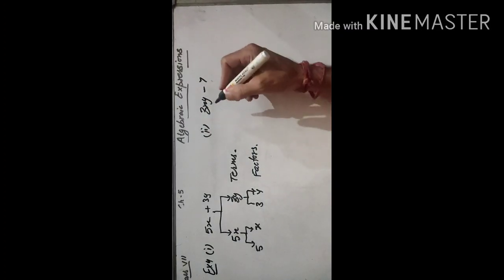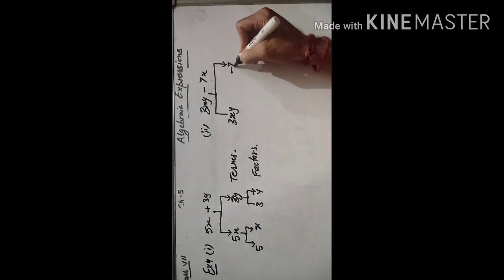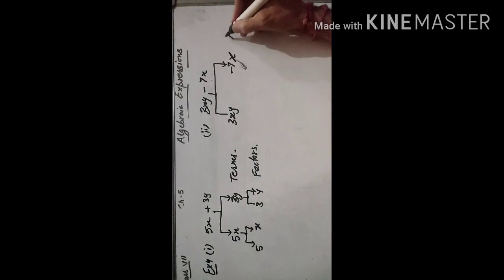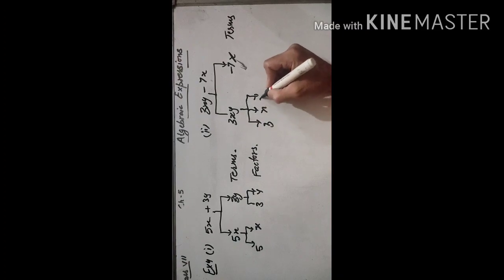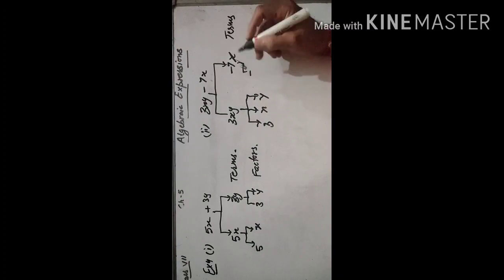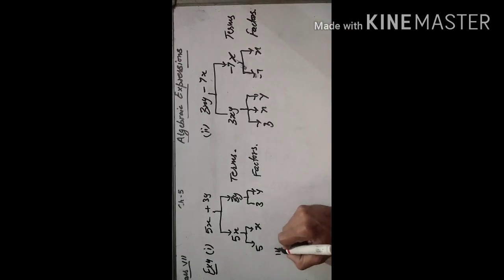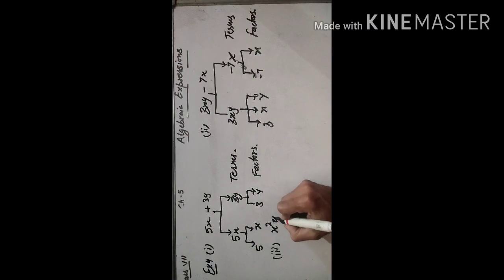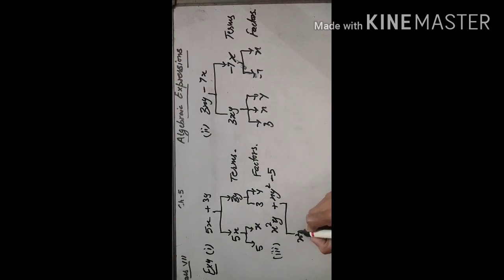In the second part, 3xy minus 7x. 3xy and minus 7x are terms, and these are factors. And similarly in the third part, x square y plus xy square minus 5, these are terms, these are factors.